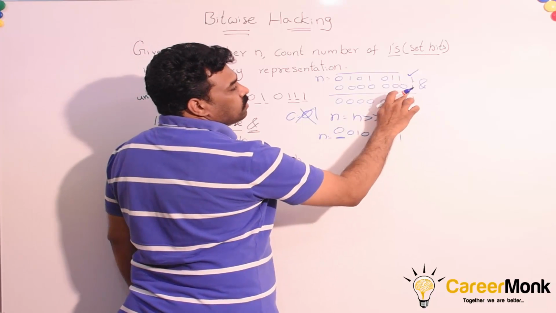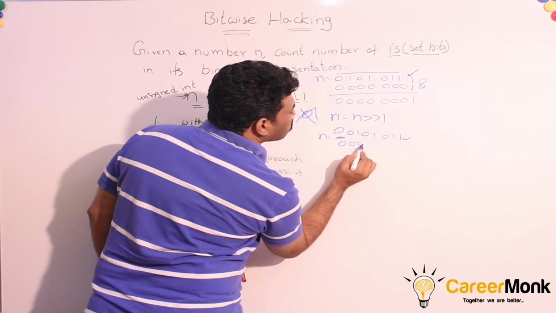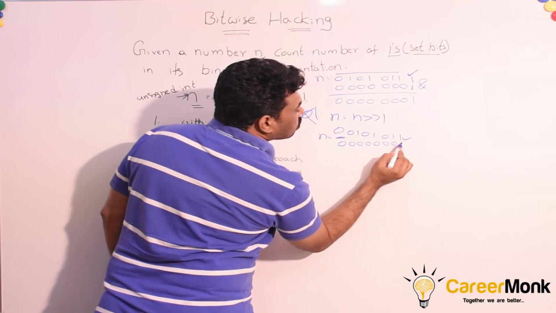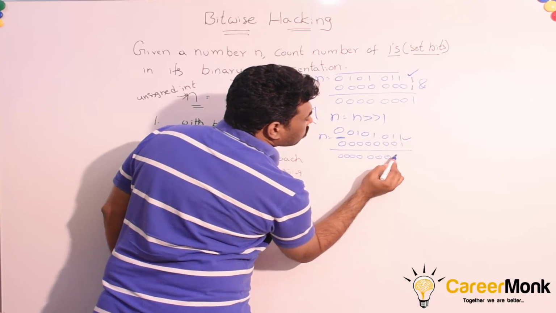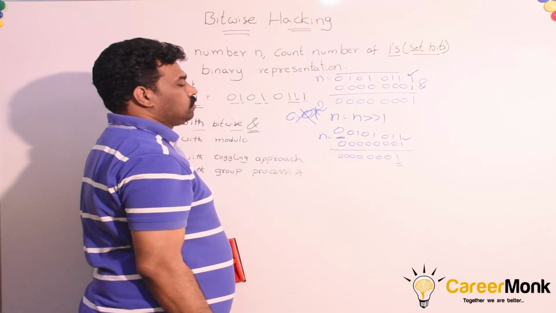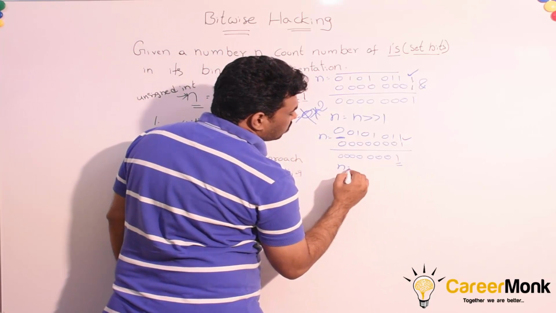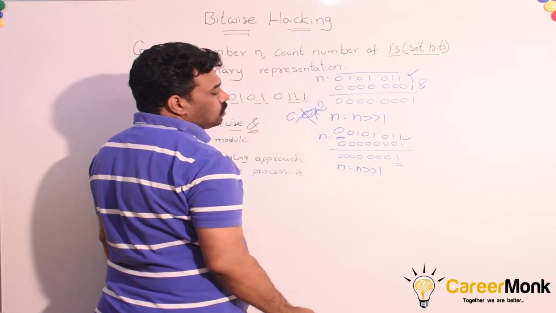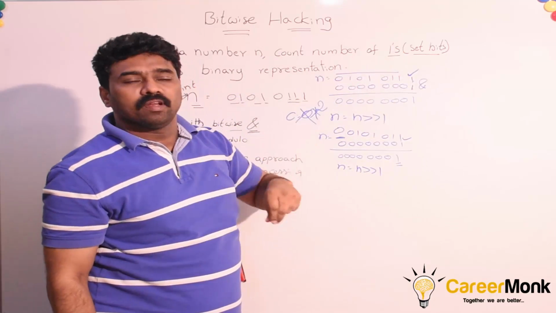Again, apply the bitwise AND between the current value of n and 1. Again, we got 1, so increment the counter. Again, perform right shift on the given number.